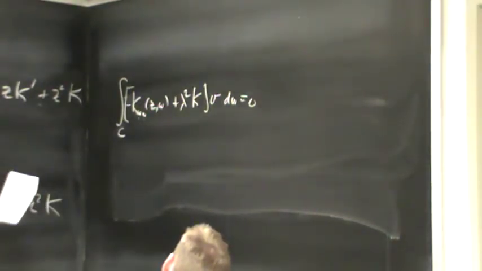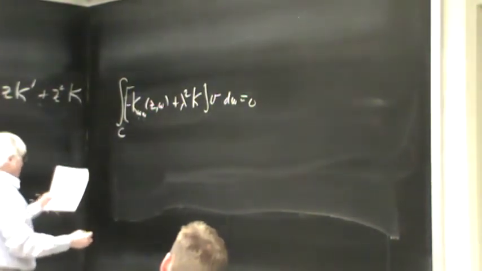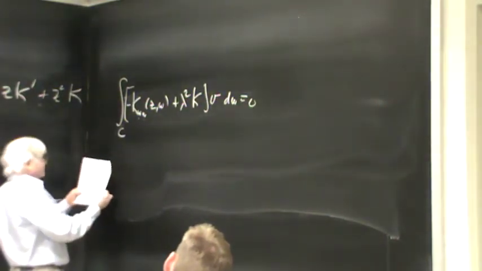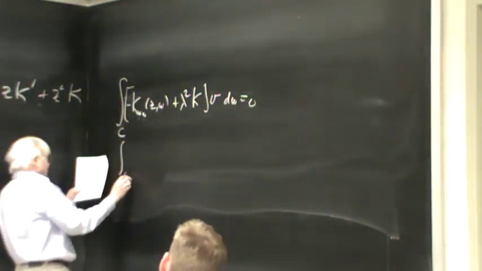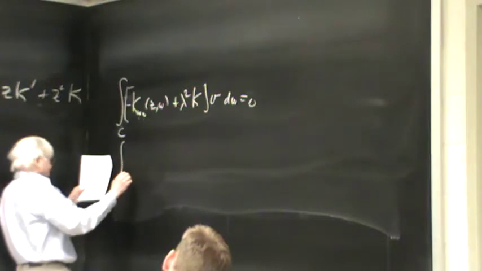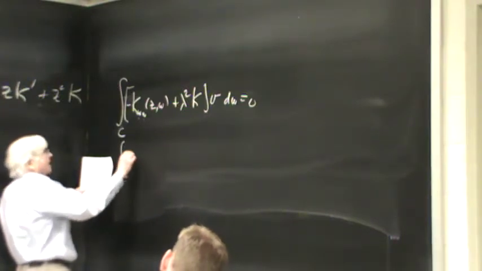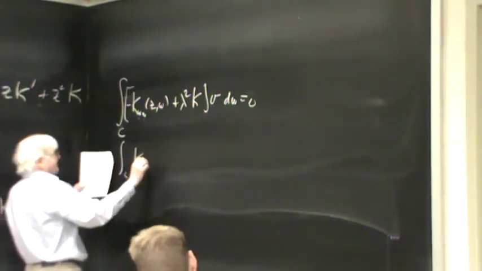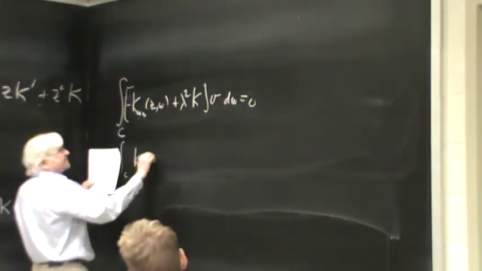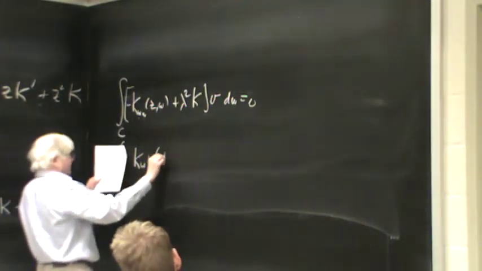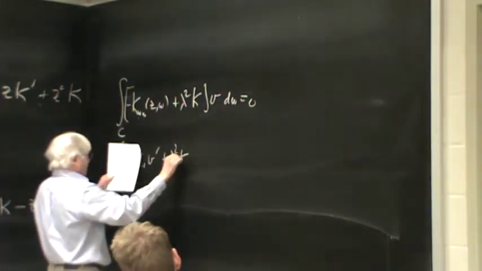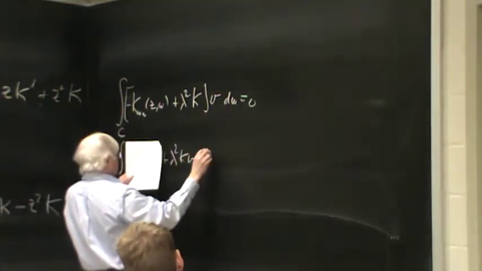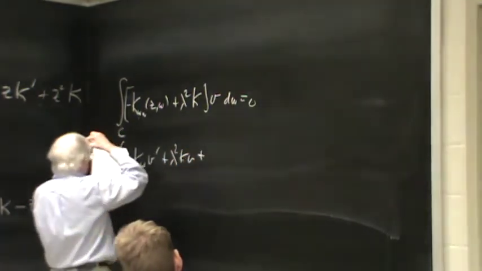And then we can integrate by parts, and when we integrate once, we get K_W V prime plus lambda squared KV plus, look, I'm going to follow what's in the notes.